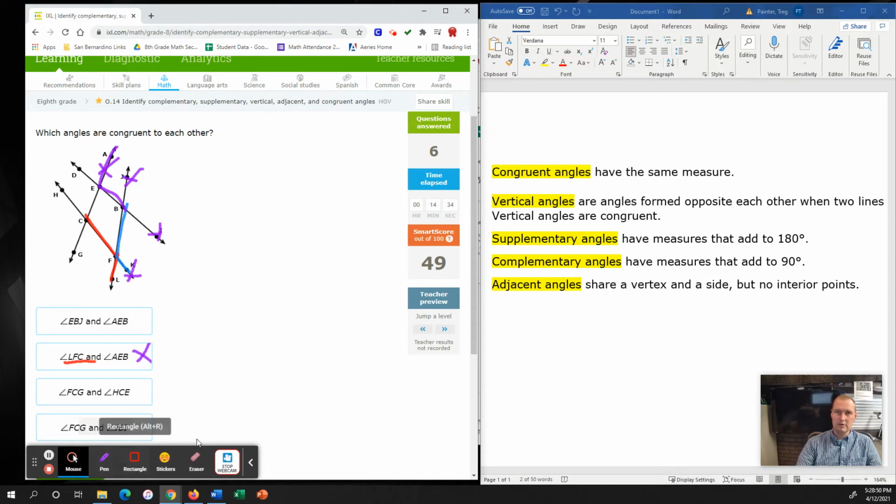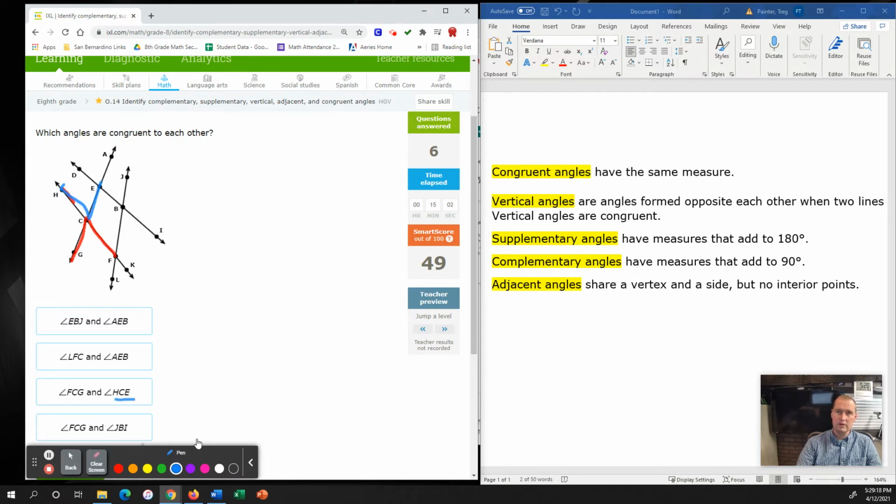All right, next one. We've got 2 more options. What about FCG? FC to G. Okay, now the only angle that can be congruent has to be H to C to E. So HCE.